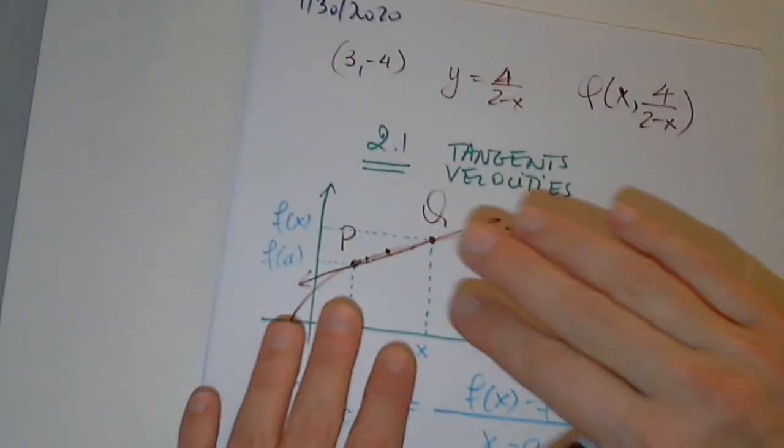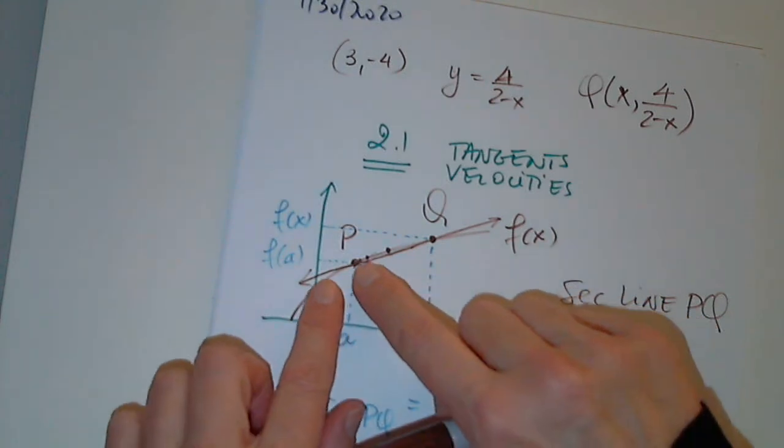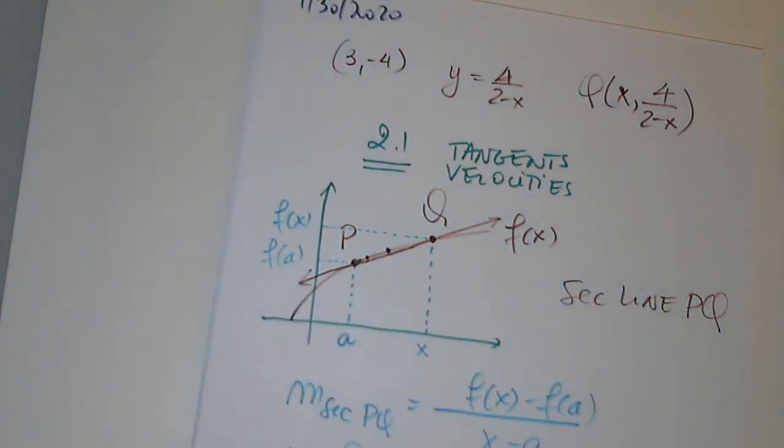If I ask you now in this scenario, find the slope of the tangent line at P, what will you say? I can't. I only have 1 point. I don't know how to determine a slope of a line if you only give me 1 point. I don't have a formula for that. I only have y2 minus y1 over x2 minus x1. If you don't give me 2 points, I won't be able to find the slope of a line.